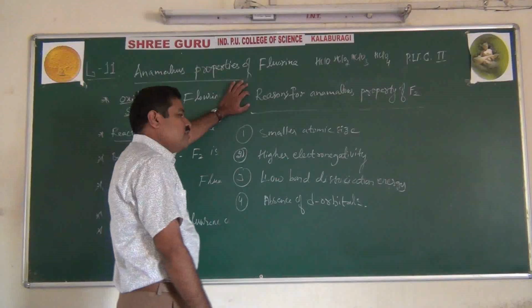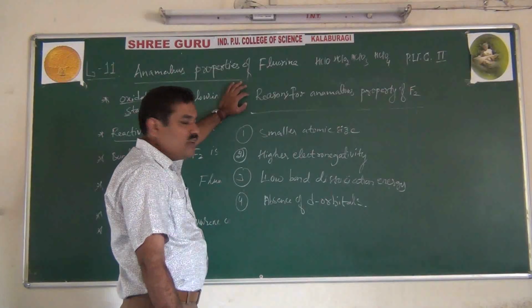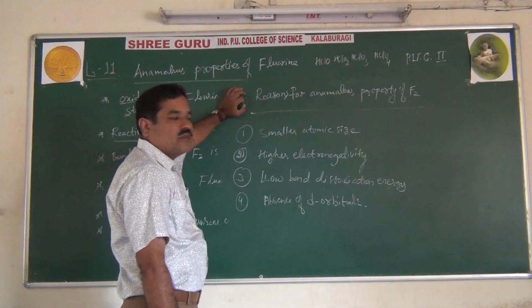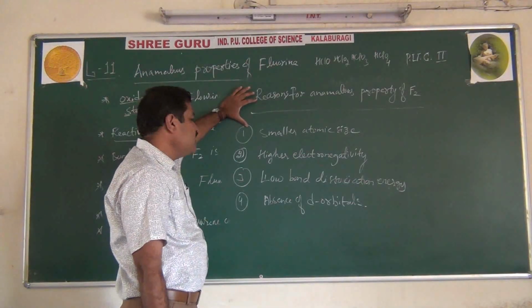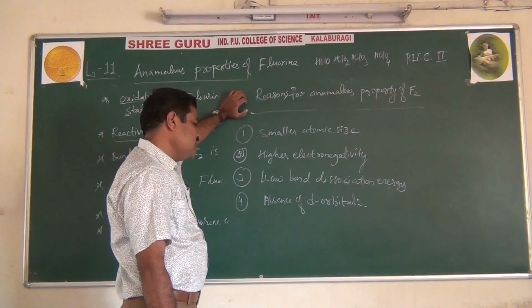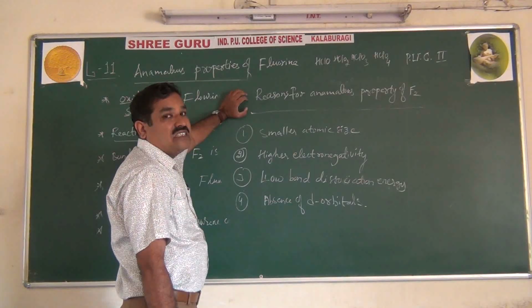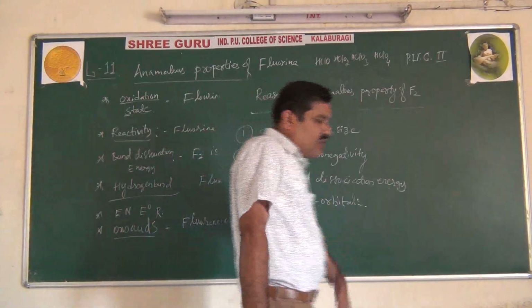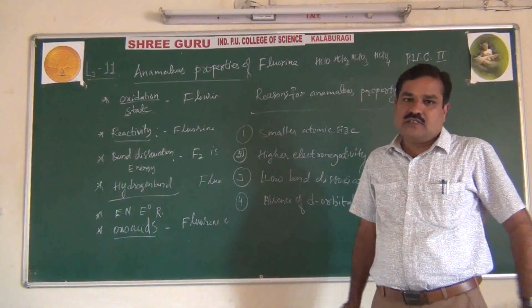See, in nitrogen, even oxygen, and here fluorine also, smaller atomic size, higher electronegativity, high ionization energy, definitely. But here low bond dissociation energy adds, and absence of d orbitals. You can also write a fifth one, what? High ionization energy. Because of this, it is differentiating from the rest of the elements.